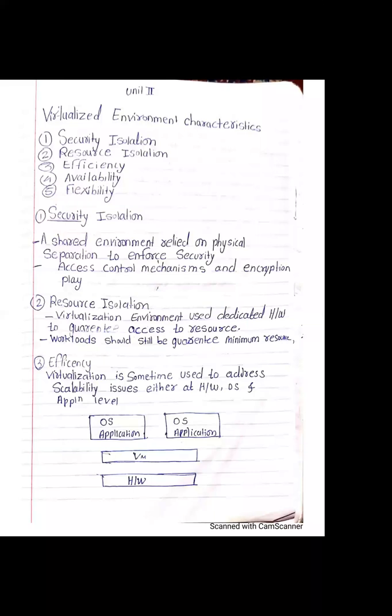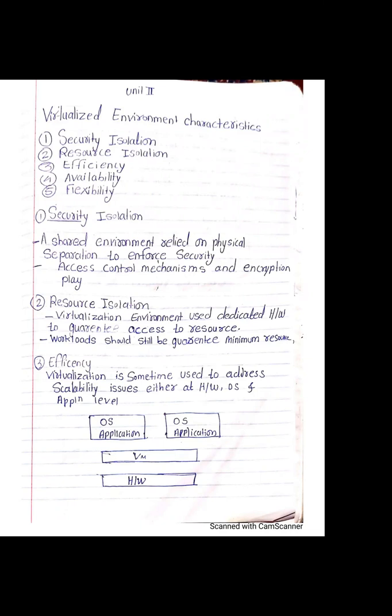Okay, this is unit 2 of cloud computing, characteristics of virtualization environment. So the characteristics are security isolation, resource isolation, efficiency, availability, and flexibility. Let's see one by one.